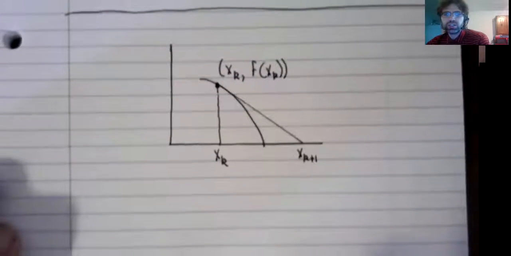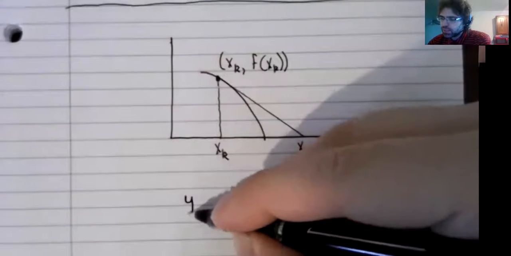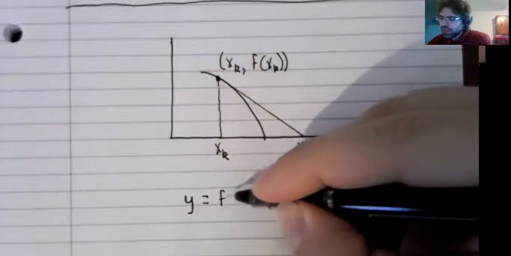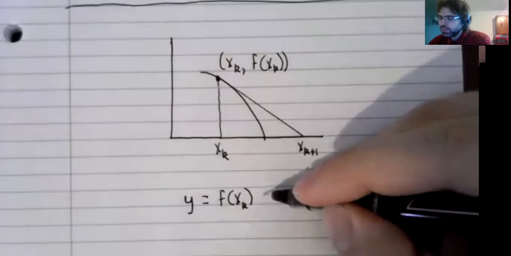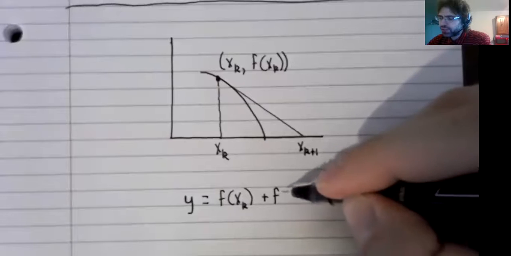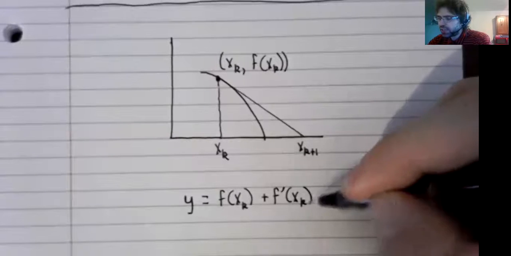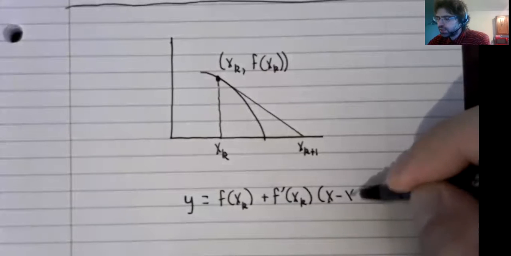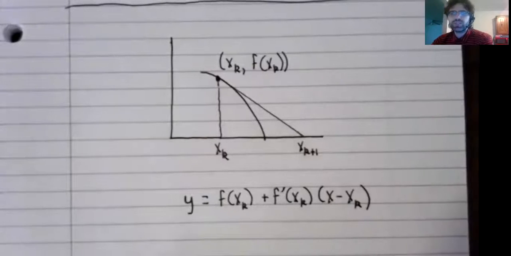This tangent line is y equals f of x sub k plus f prime of x sub k times x minus x sub k.